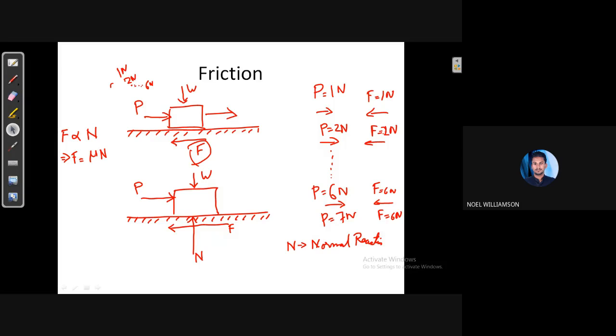That constant is termed as the coefficient of friction, that is mu equal to F by N is the coefficient of friction.